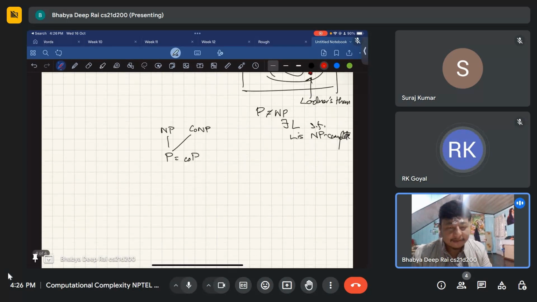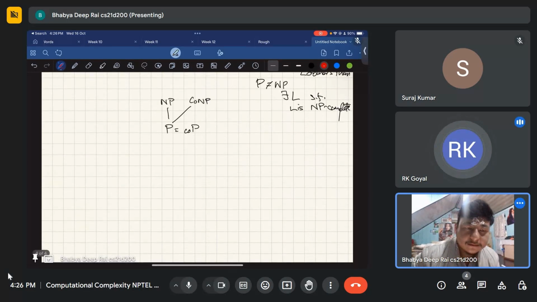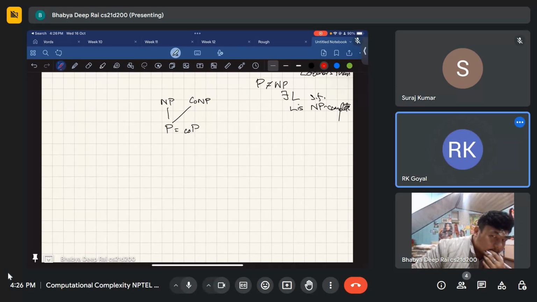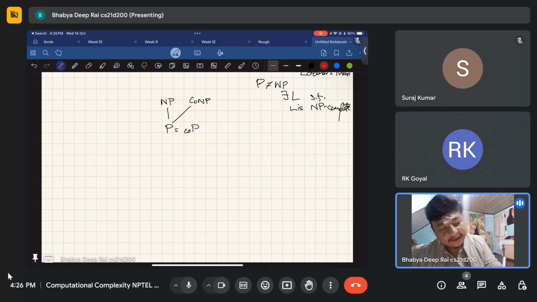So is a special problem like graph isomorphism, an NP intermediate problem, one which is there in co-NP as well? So you mean, let's say NP is not equal to co-NP.